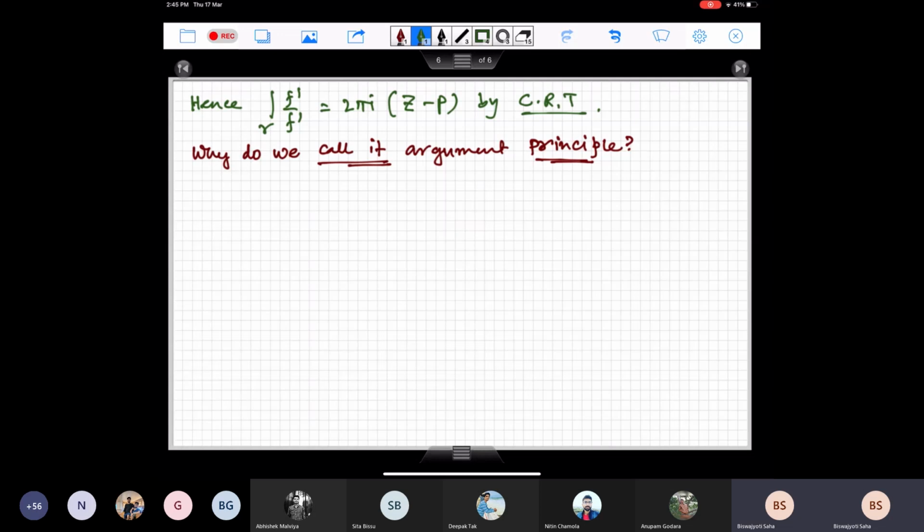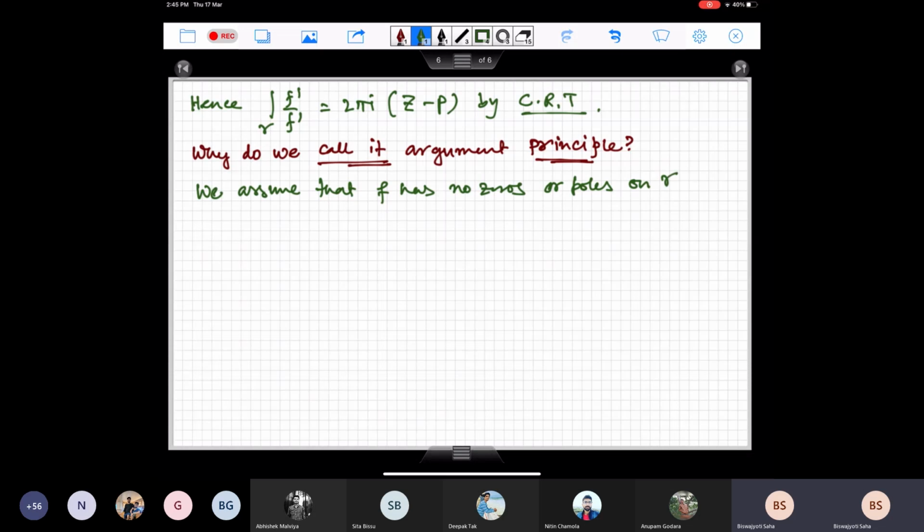So first of all, try to observe the following. Let us write it down. We assumed that f has no zeros or poles on gamma.